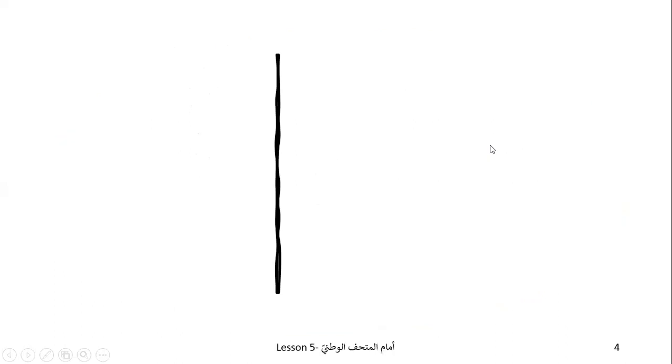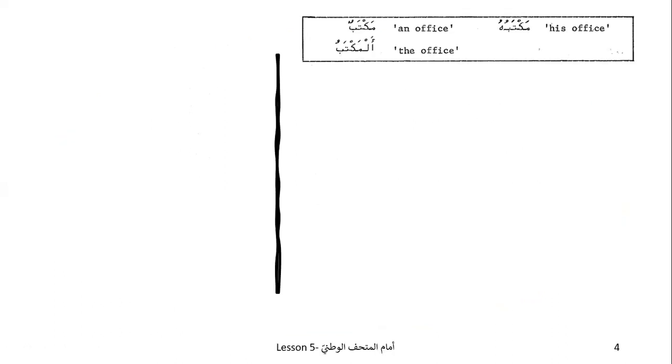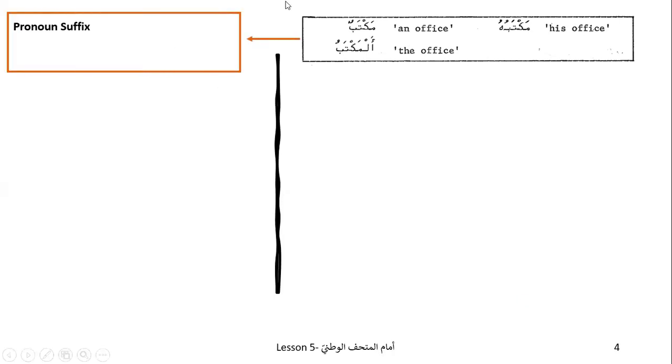Now, there are a few points that we need to consider in this topic. For example, over here you see maktabun and al-maktabu. Al-maktabu is definite, maktabun is indefinite. When it becomes maktabuhu, when you join the pronoun suffix with it, the pronoun suffix is added to the noun, and then there is no al and no nunation.